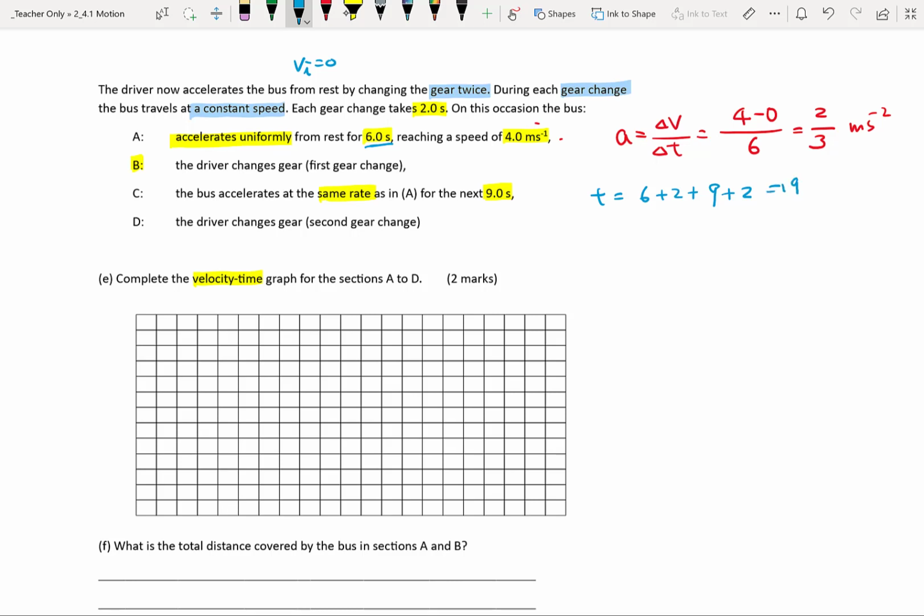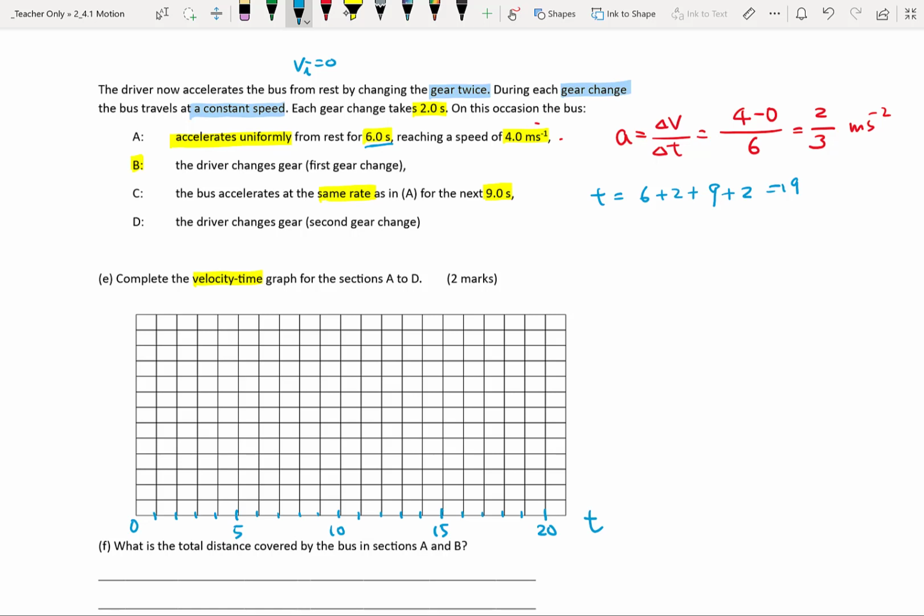So if we start from here, 0, 1, 2, 3, 4, 5, 6, 7, 8, 9, 10, 11, 12, 13, 14, 15, 16, 17, 18, 19, 20. So this will be our time axis to cover 19 seconds.